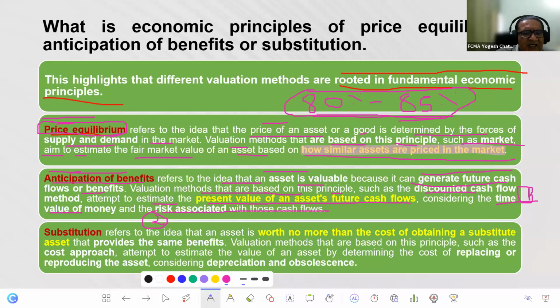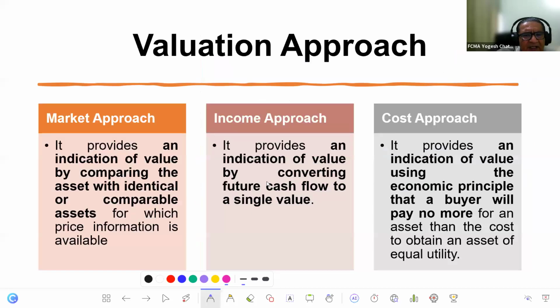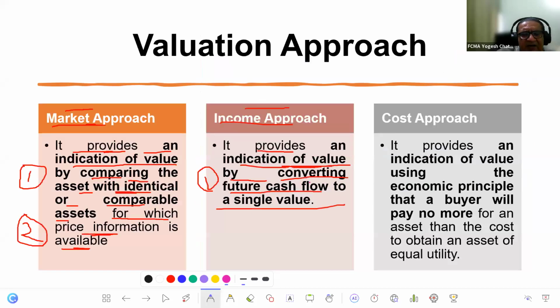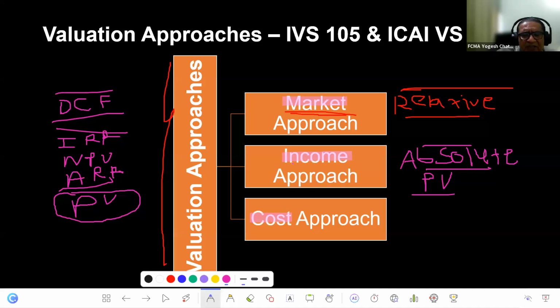So systematic risk is related to the marketplace, and unsystematic risk is specific to a particular company or asset. That is very important. So that is brief about the income approach, and we will consider that in more detail.